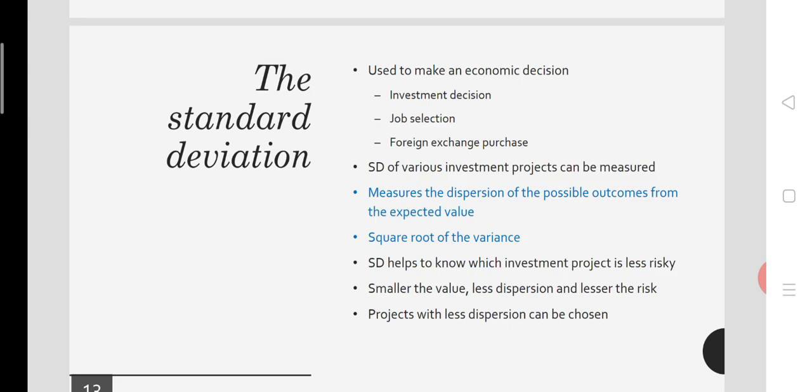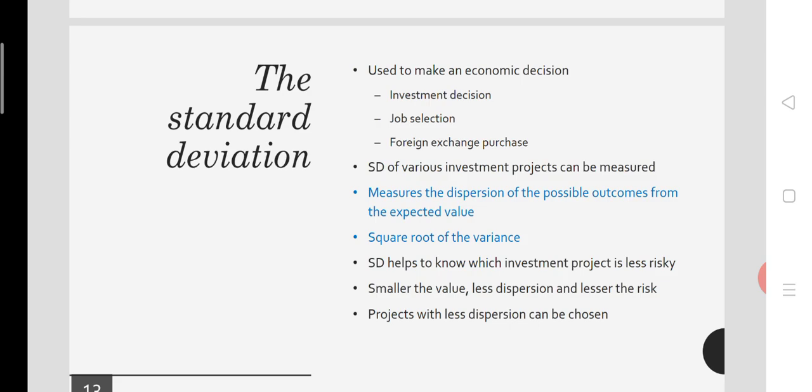So standard deviation is the square root of the variance, and the investment project with the lower square root of variance has to be selected. Let's check whether investment project A or investment project B has higher variability or higher square root of the variance.